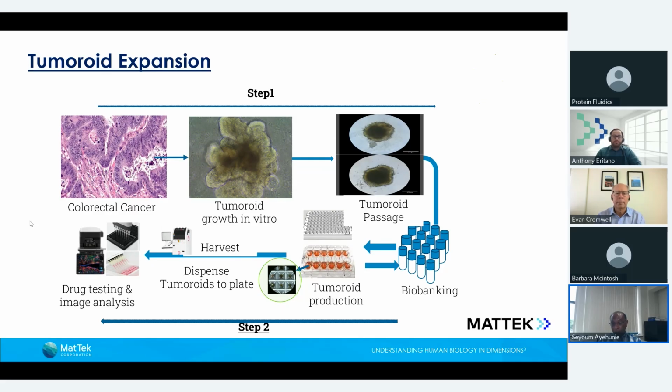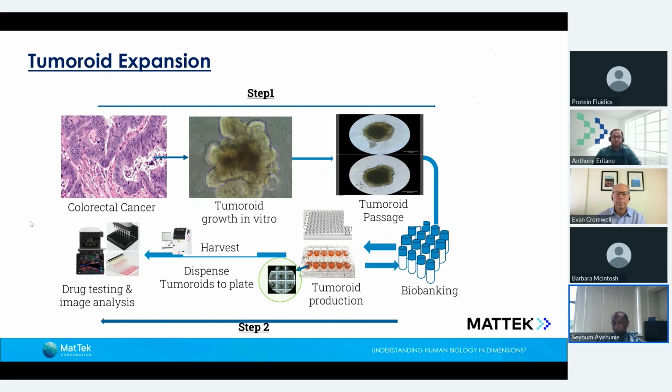to the tumoroids. Then we can put 96 well plates, or from one plate of organoids of the 6 well plate, we can make up to 200 96 well plates.